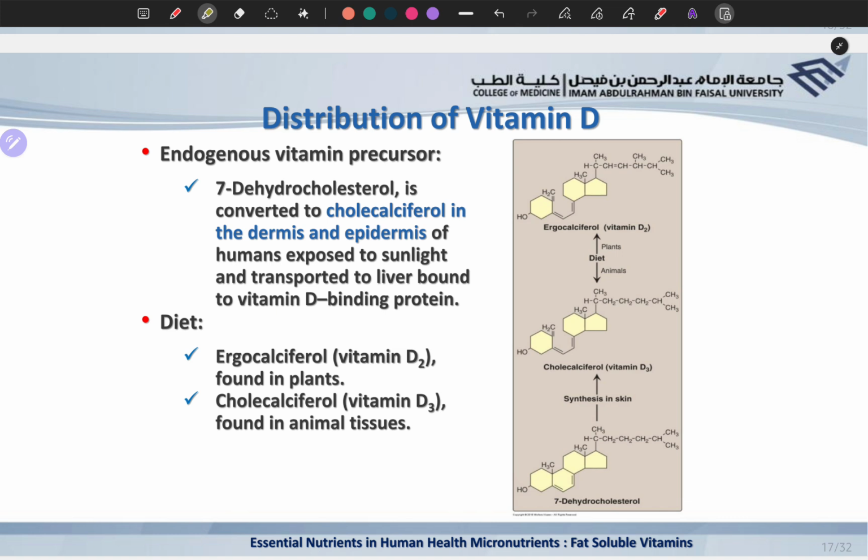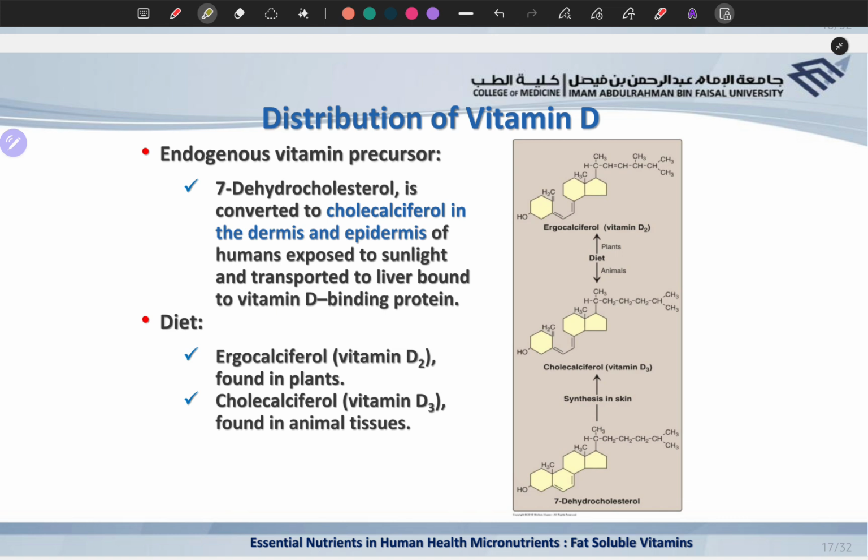So, you have cholesterol in your body, which gets converted to 7-dehydrocholesterol. This 7-dehydrocholesterol in the skin, that is dermis and epidermis, in the presence of sunlight, will get converted to cholecalciferol, vitamin D. You see here 7-dehydrocholesterol in the presence of sunlight getting converted to cholecalciferol.